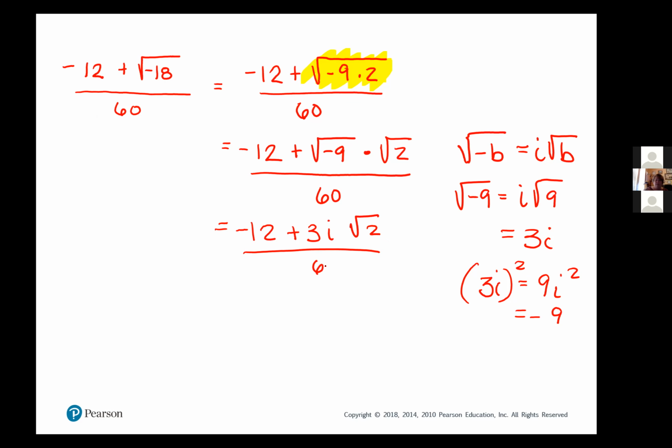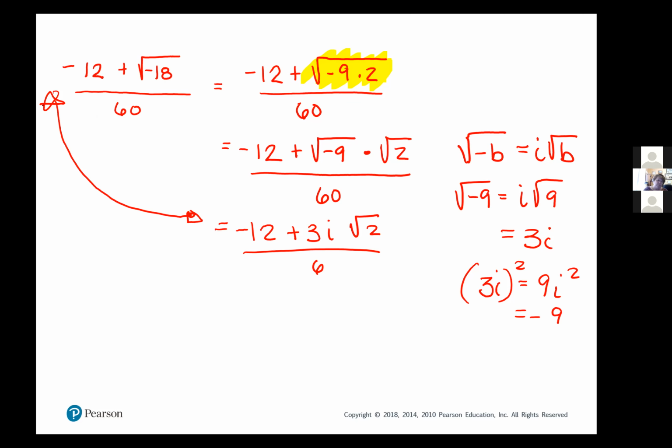So all I've done from here to here is rewrite that square root. The square root of -18 and 3i times the square root of 2 are exactly the same number. Now that I've got the radical simplified, I can simplify the fractions.